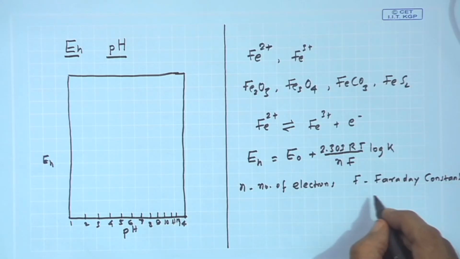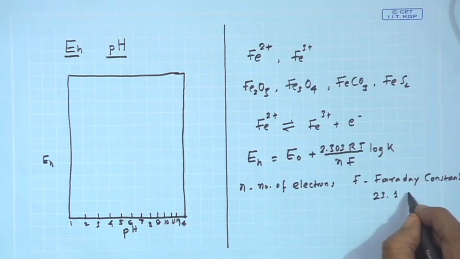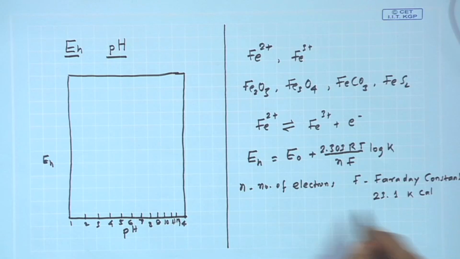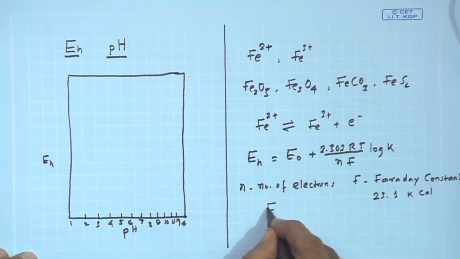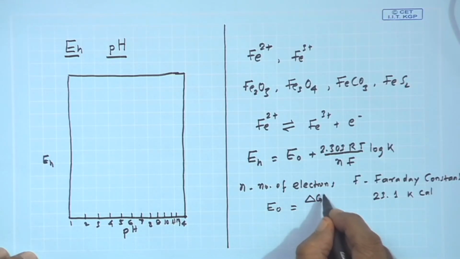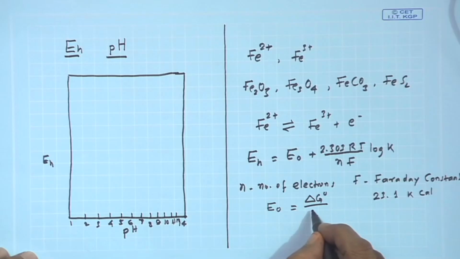which is about 23.1 kilocalorie, and this E0 comes from the standard state free energy change of this reaction, which is delta G0 divided by nF, and here the n and F are the same.